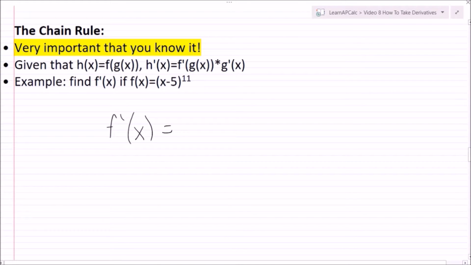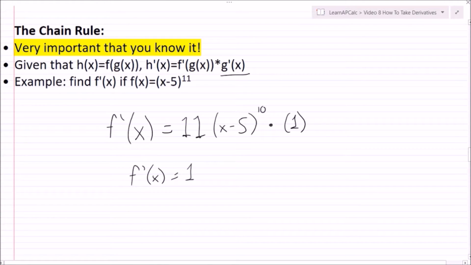For f prime of g of x, I'm just taking the derivative of this, so I'm going to multiply by 11 and then take this all to the 10th power. Simple enough. Now the chain rule says multiply by the derivative of the inside, or g of x, which is x minus 5. The derivative of that is 1, so I find that my derivative is simply 11 times x minus 5 to the 10th.